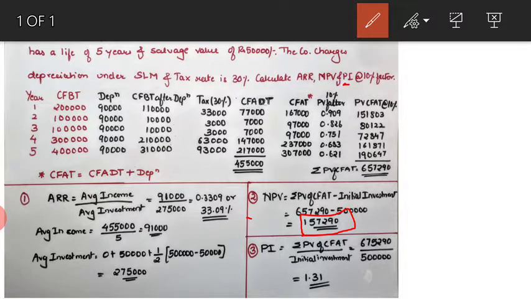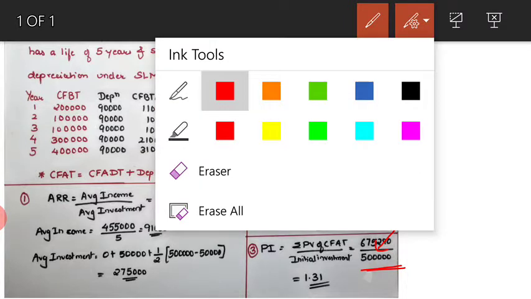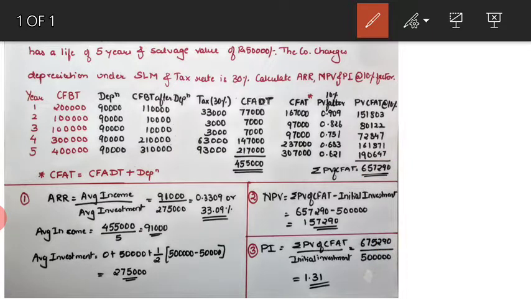Similarly, we have to go ahead with PI because it is also at 10%. What is the formula for PI? It is summation of present value of cash flows after tax divided by initial investment. Very much similar to NPV, but the only thing is there we deduct, here we divide. So substitute the values. Summation of present value of cash flows after tax is 6,57,290 divided by initial investment of 5 lakhs gives you 1.31.